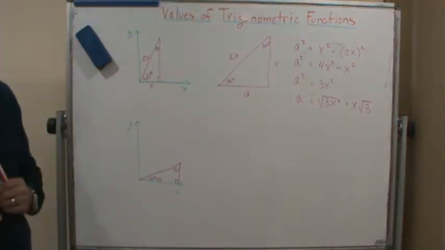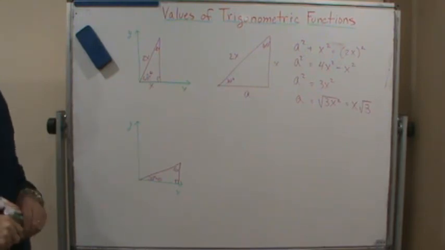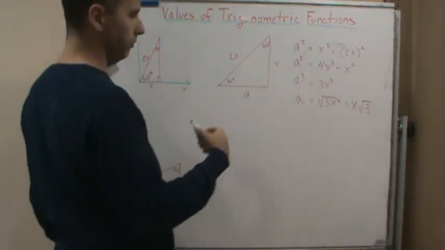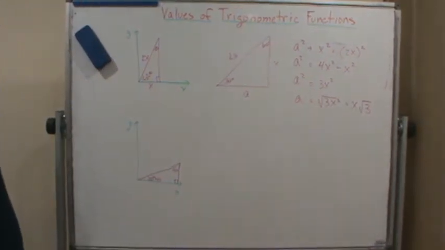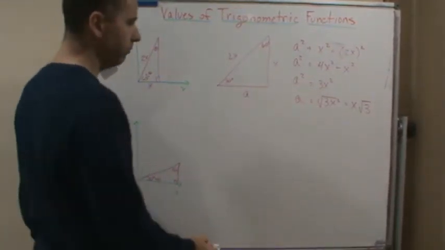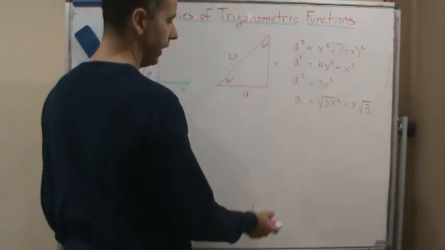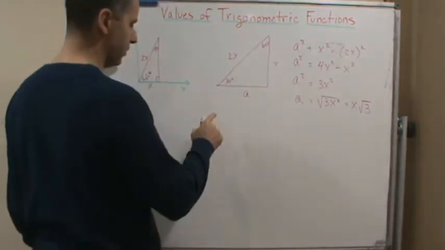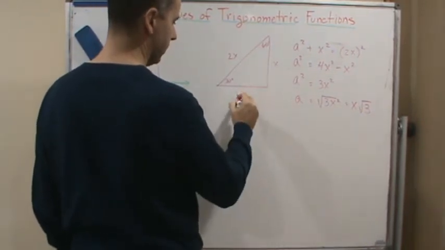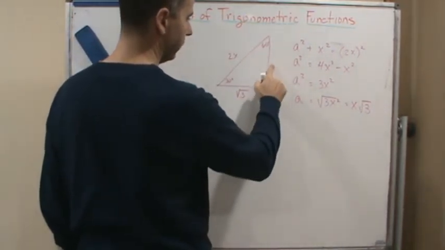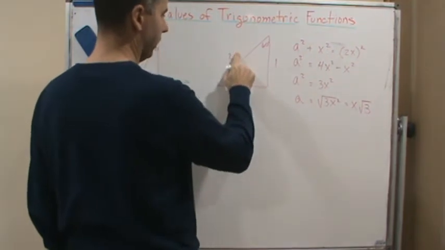So now, what if I say this is a unit circle? So what if I say x is 1? If x is 1, then all of these units become just square root of 3, 1, and 2.